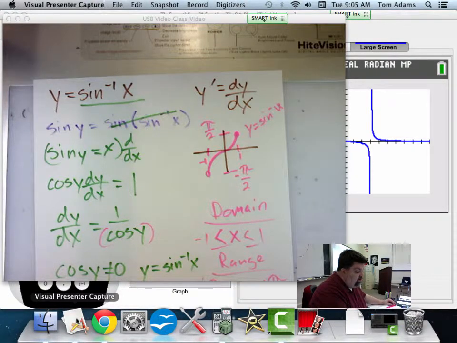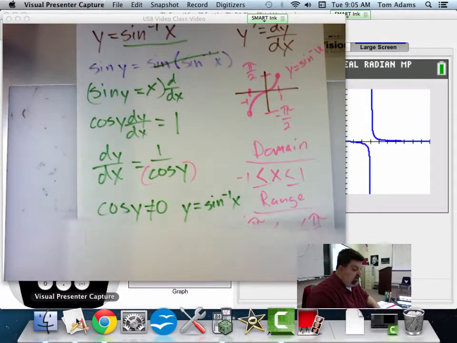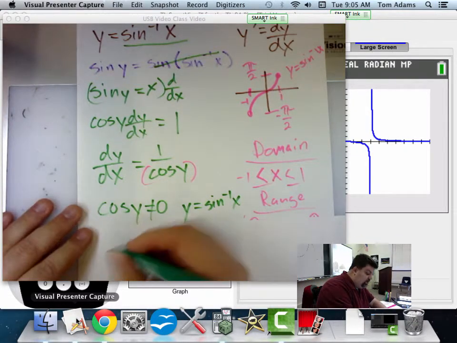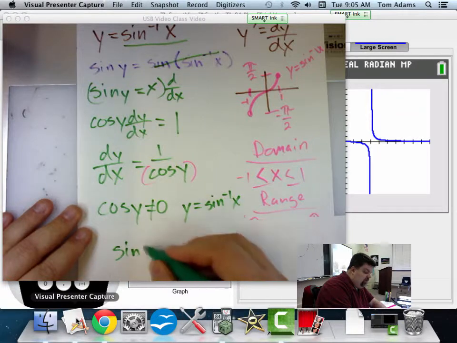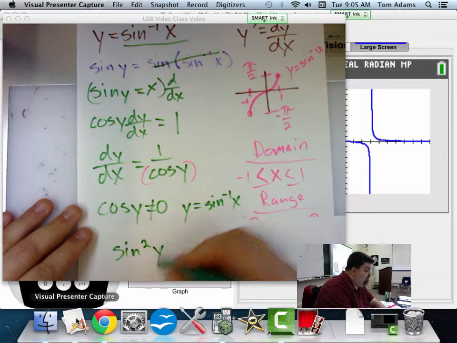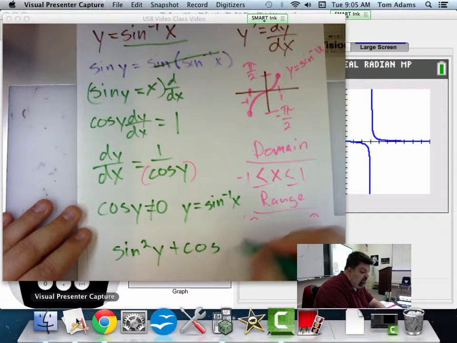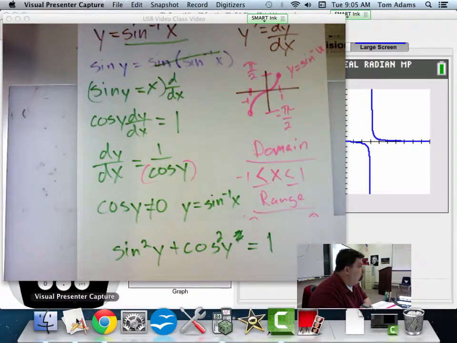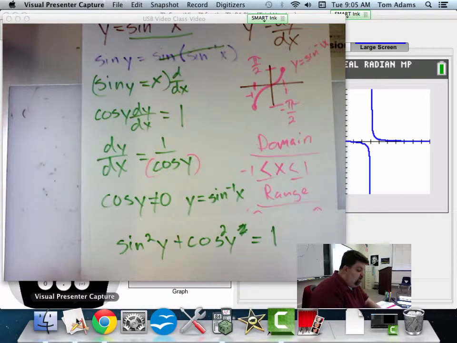Well, one thing that I could do is call on the Pythagorean theorem. Okay, so let's remember a couple of things. Sine of, I'm going to plug in y on purpose, sine of y squared plus cosine of y squared is equal to 1, right? Let's solve this for cosine.